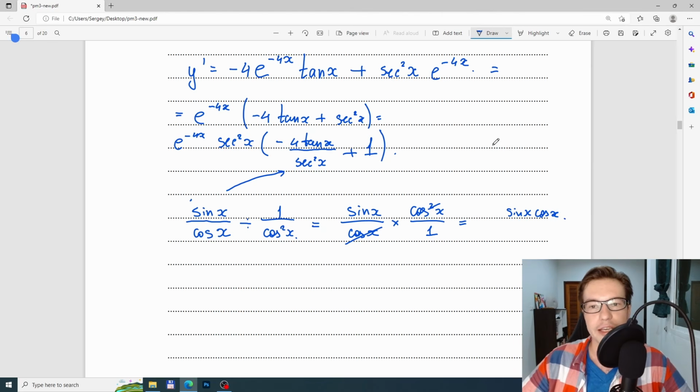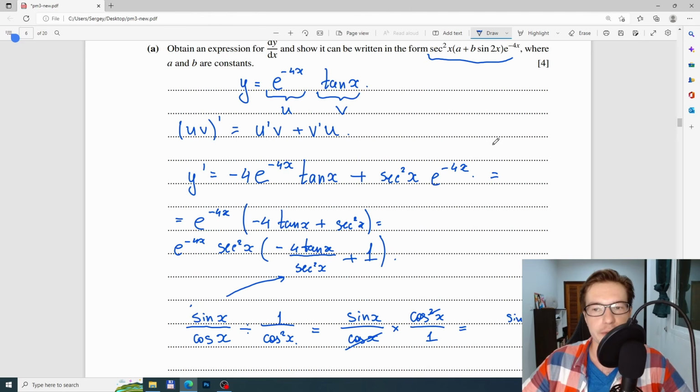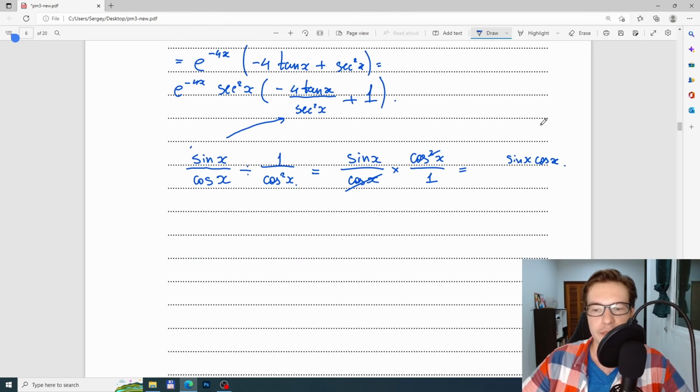Now, let's have a look again at the form they're asking for. So they're asking us to have sine 2x. And we have something similar to that, because the formula for the double angle for the sine is going to be sine 2x equals 2 times sine x cosine x. And it's very similar to what we've got here, apart from the 2.